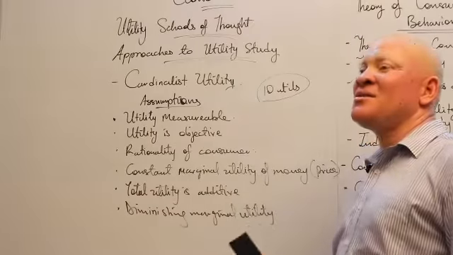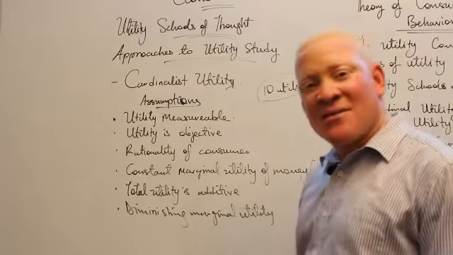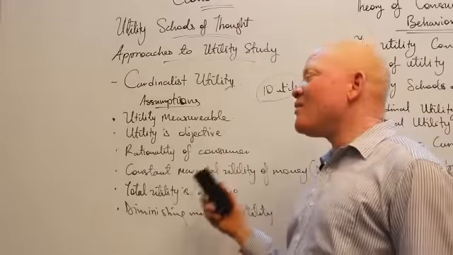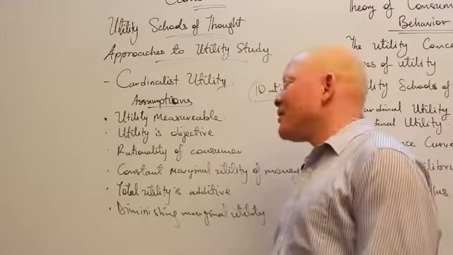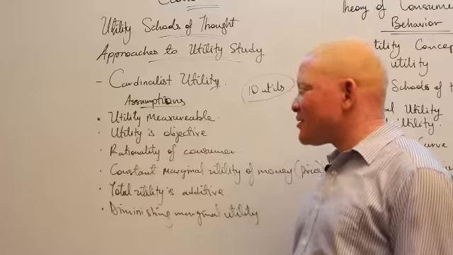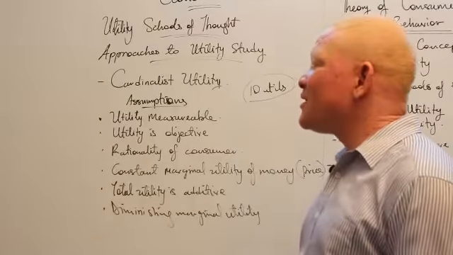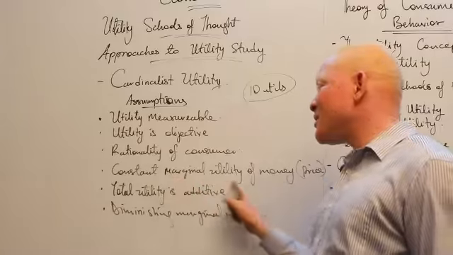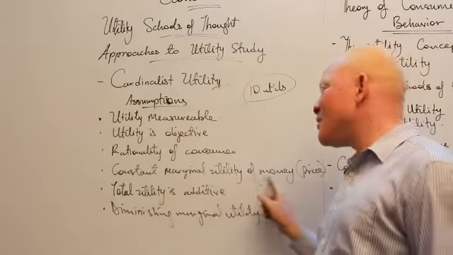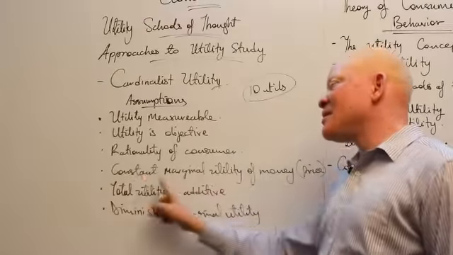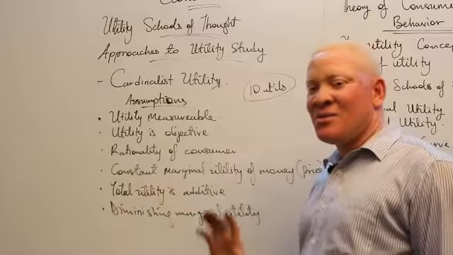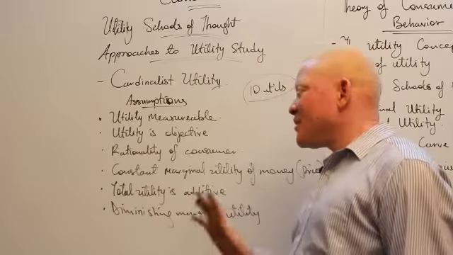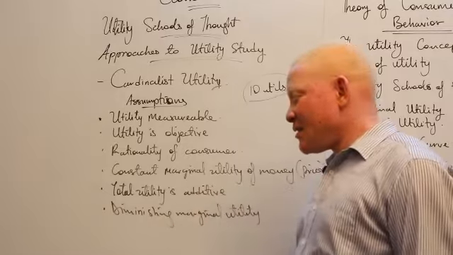Rationality of the consumer just means that the consumer satisfies his needs or makes decisions based on the order of priority of the needs or wants. Then the next one is that within a particular period, marginal utility of money means price. That price is a constant within that period. The price of the commodity at that interval is a constant.